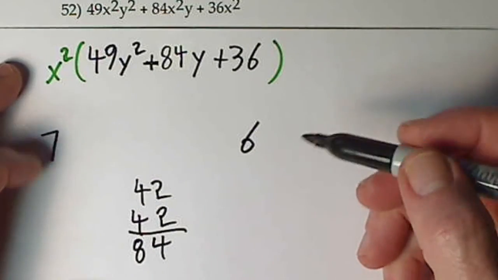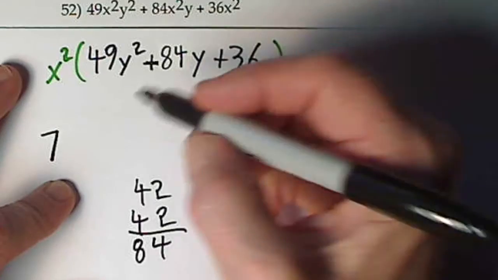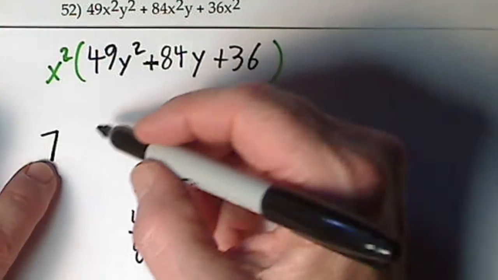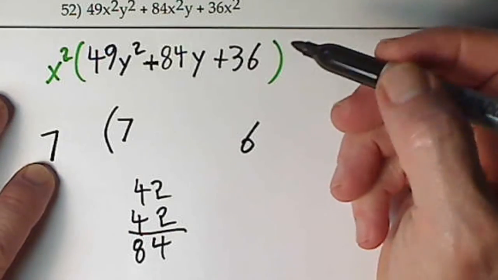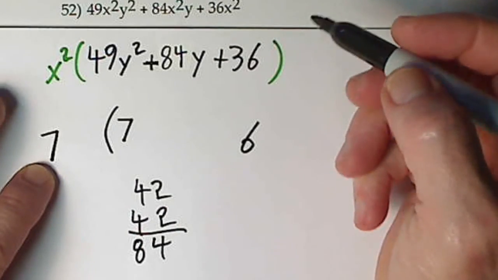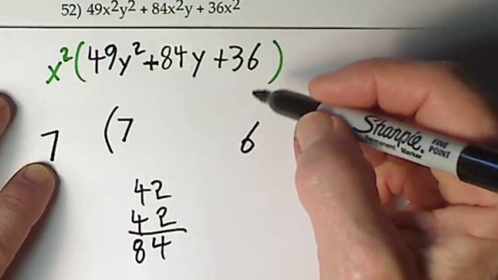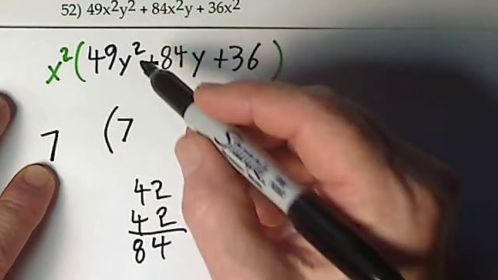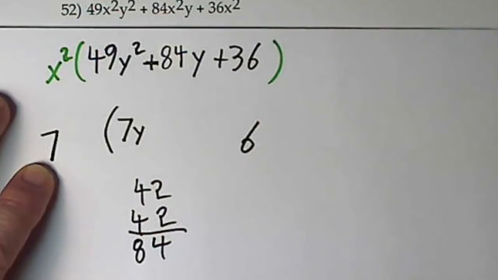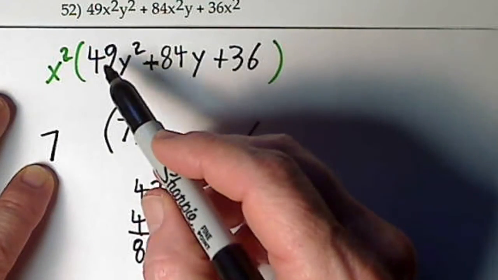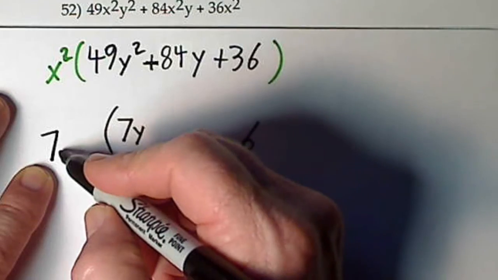And that means the factored form would be 7, you're going to have to realize it's a y, 7y. I mean, really, when I took the square root of 49, I should have taken the square root of 49y squared.